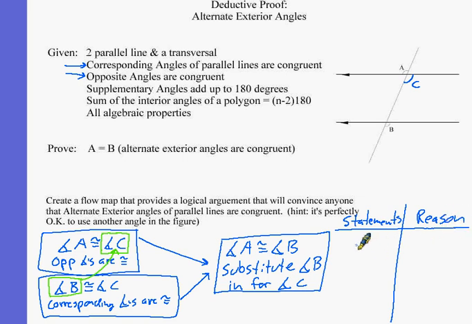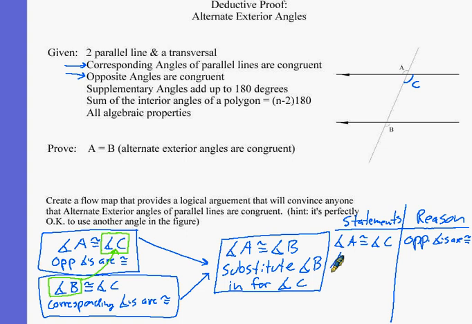It's a different organization. So we'll start off with this first box, which is the statement that angle A is congruent to angle C. The reason we can say this is that opposite angles are congruent, right? So you can see really this is statement and that's reason. So this one has to come next. We can't go to this box because we need these first.